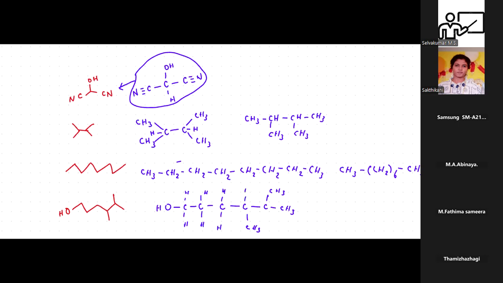So the structure of this compound is OH, CH2, CH2, CH2, CH, CH3, CH, CH3, CH3. This is the compound.